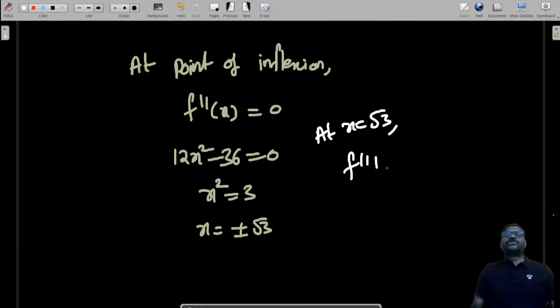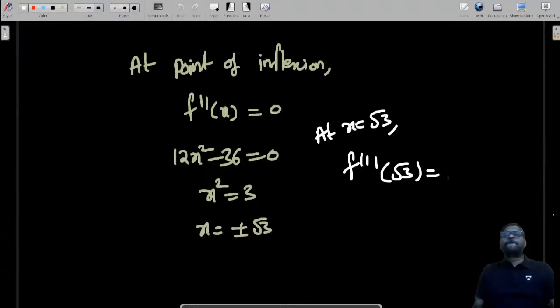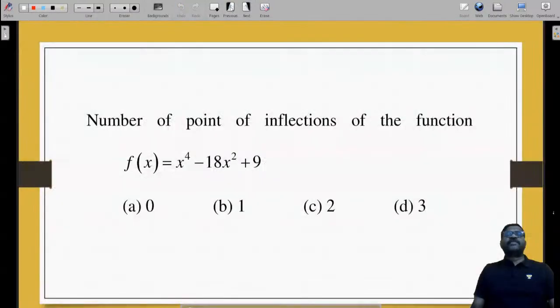At x equal to root 3, f triple dash of root 3 is 24 root 3, which is non-zero. F triple dash of minus root 3 is minus 24 root 3, which is non-zero. Therefore, the number of points of inflection is 2.